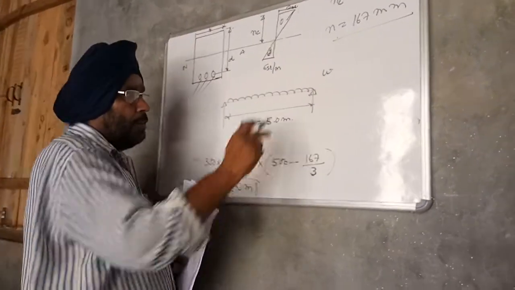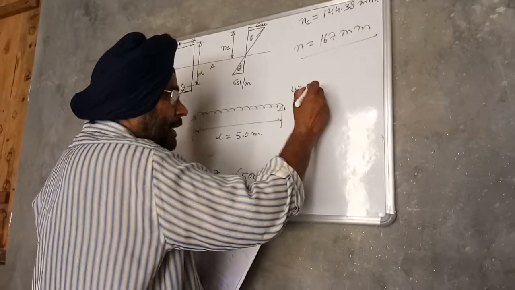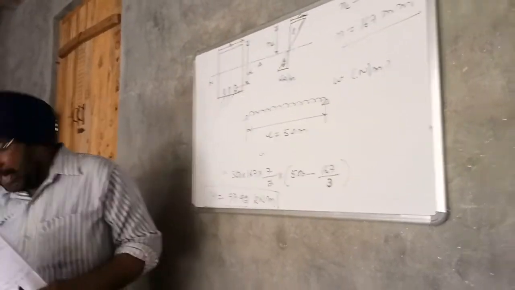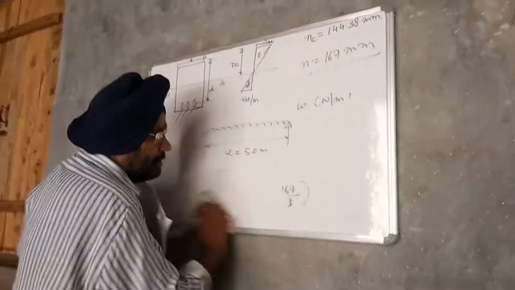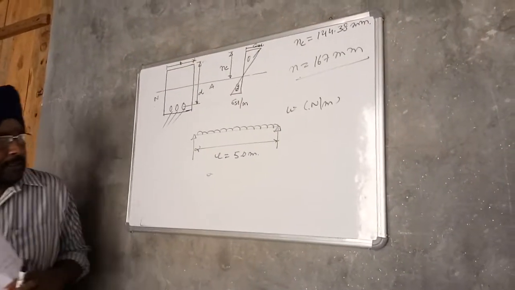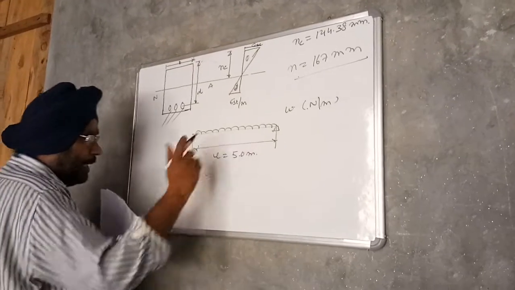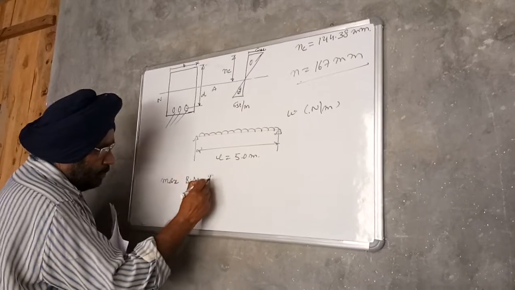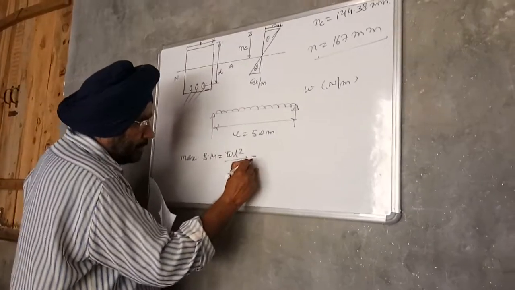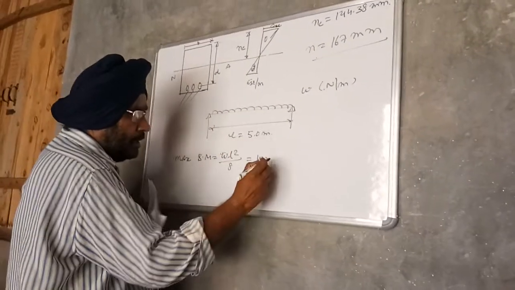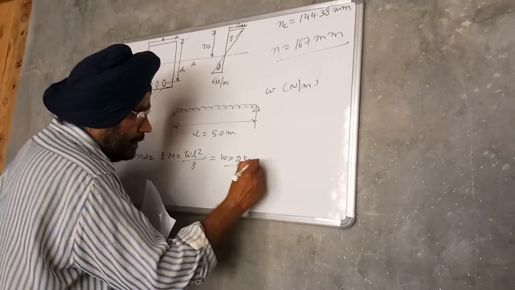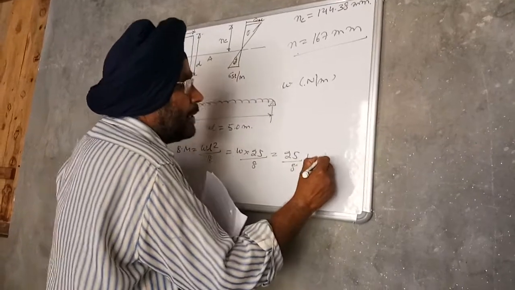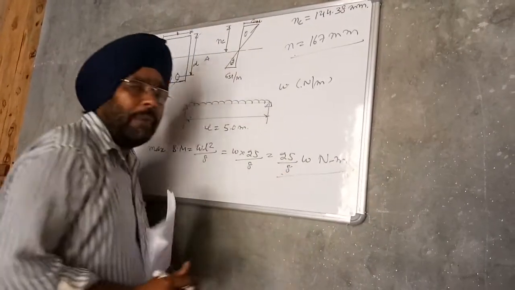Small w is the intensity of loading in Newton per meter. The maximum bending moment for a simply supported beam having UDL is wL square by 8. So wL square means 25 upon 8 w Newton meter. This is the maximum bending moment.